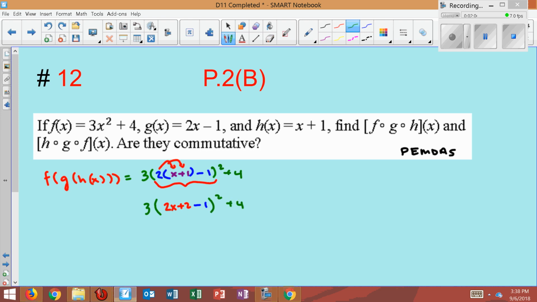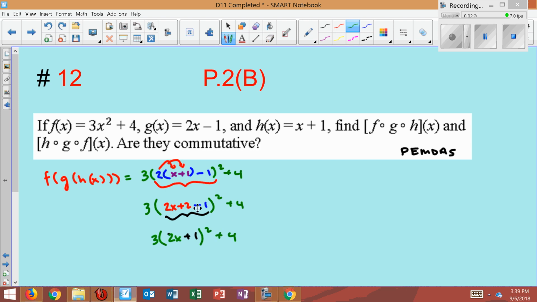Now I can reduce this again, so I can still work in this parenthesis. So inside here, I can say this is 3 times, to stay consistent, 3 times, nothing happens to the 2x. I can say this plus 2 minus 1 becomes just simply plus 1. Now I'm going to square this, plus 4.